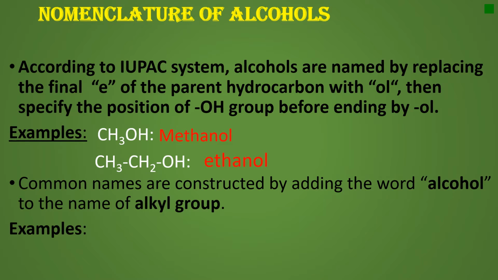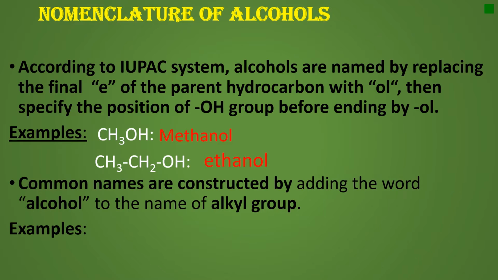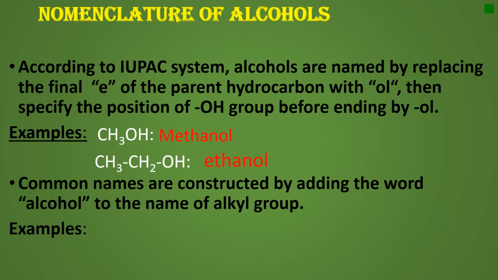The common names of alcohols. Common names are constructed by adding the word alcohol to the name of the alkyl group. Examples: CH3OH, and here the alkyl group is called methyl.